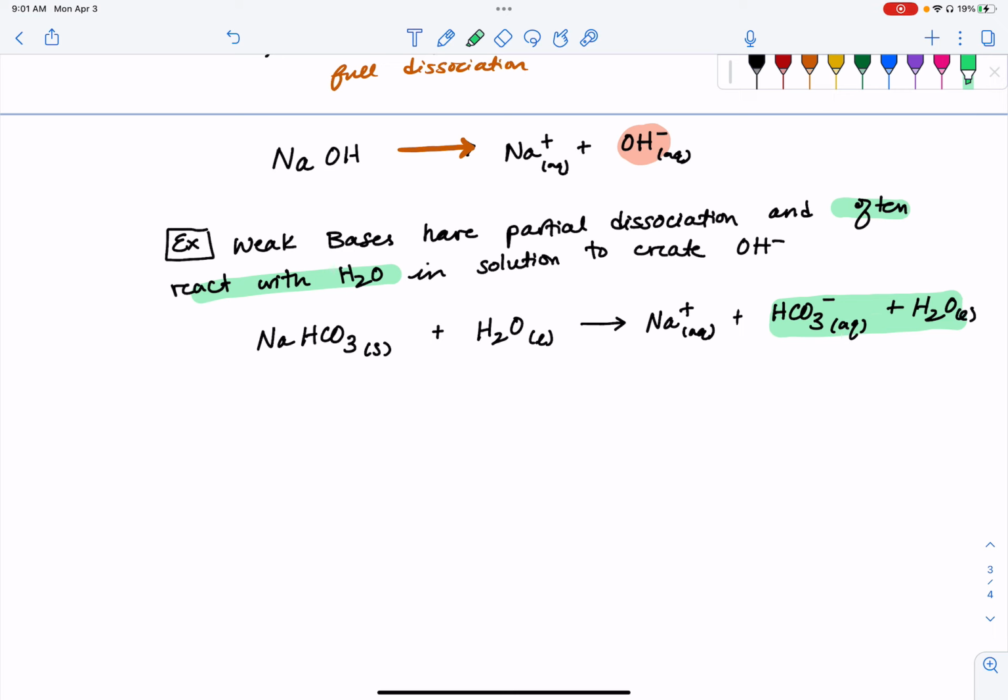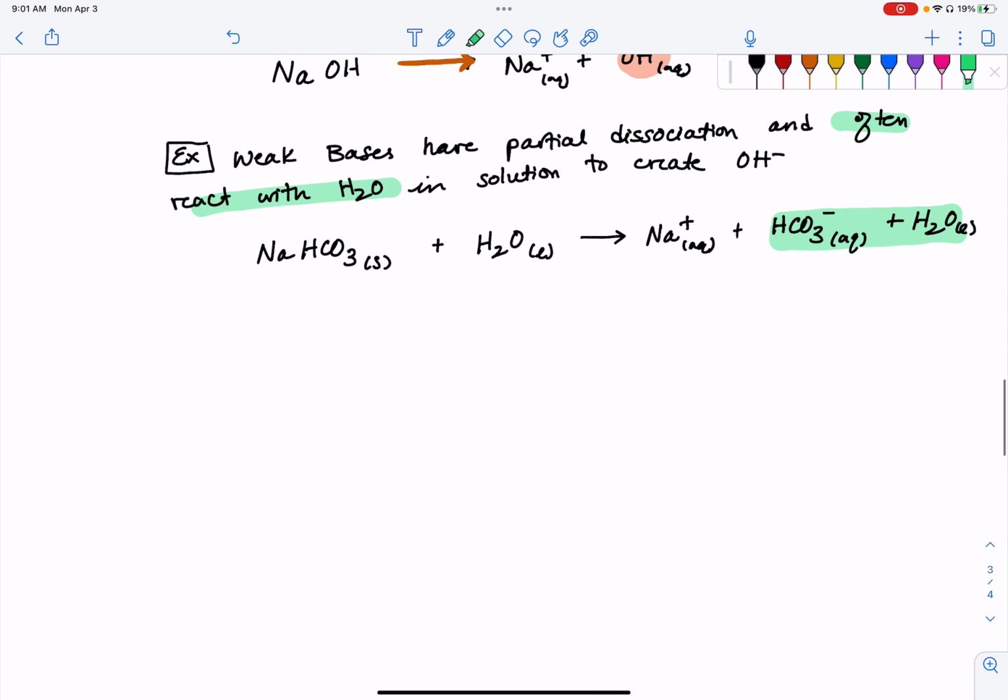So I'm going to write a separate line where we've got the HCO3- or bicarbonate anion in the presence of water, which I'm going to write a little strangely. I'm going to write it as HOH, and there's a reason for this.